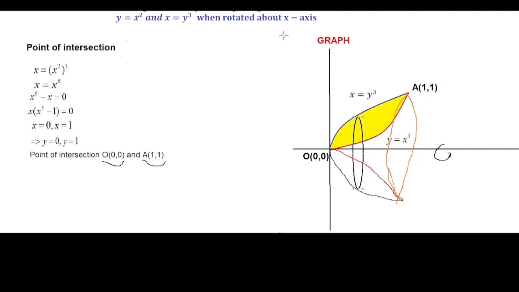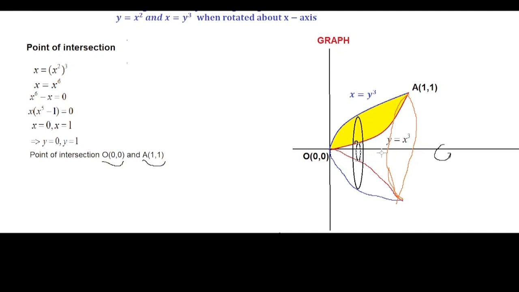It is not a completely solid one because this portion is hollow. So when you take the cross section, there will be two different circles formed. One is for the upper curve and another is for the lower curve. So we have to take both the circles together here.